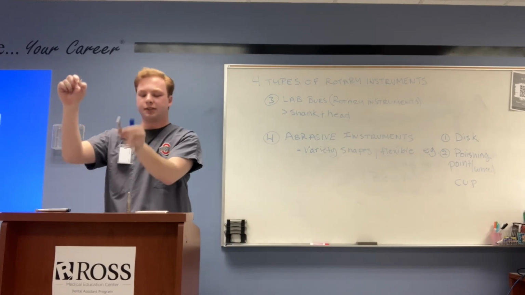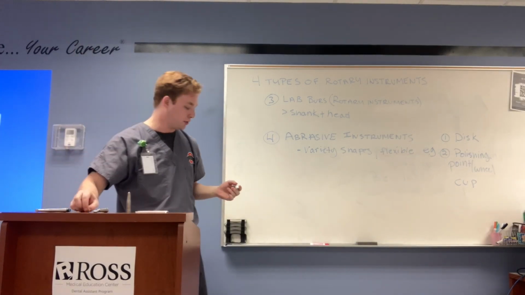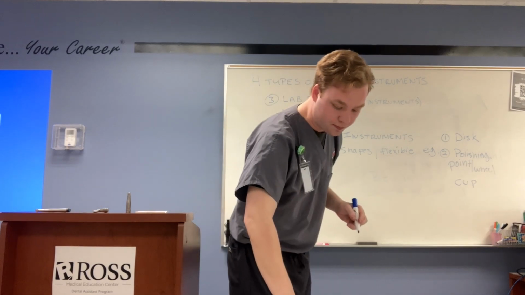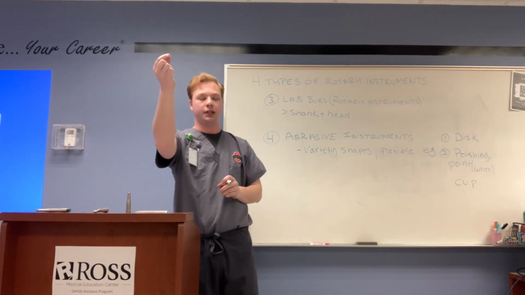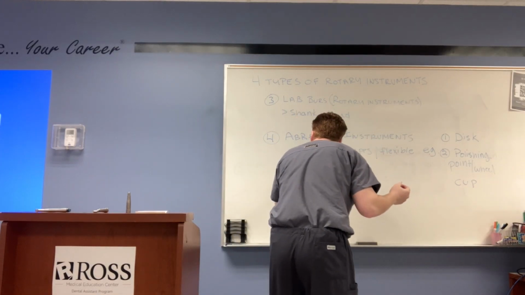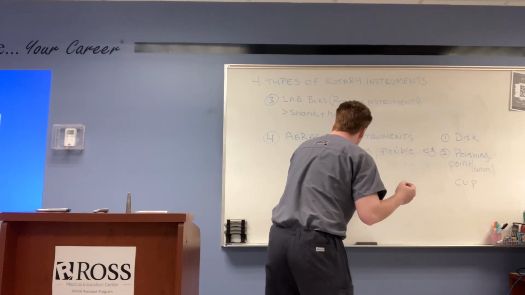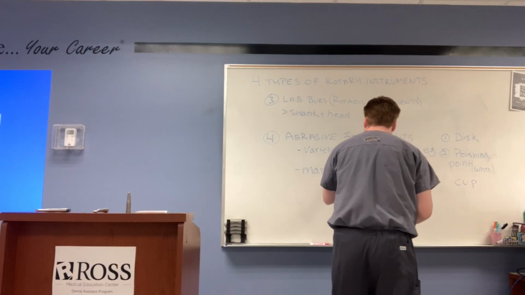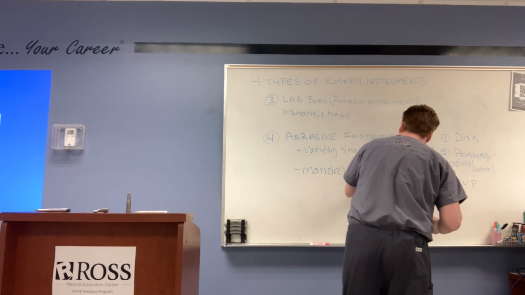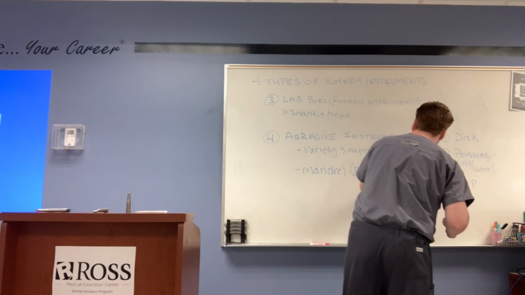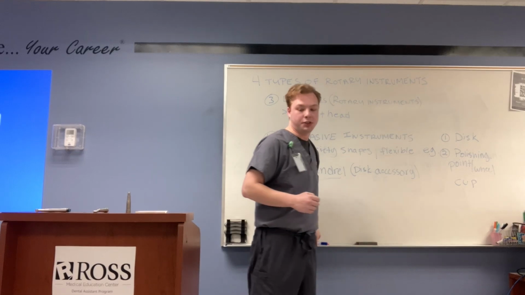Well, that doesn't make sense. So for using one of these polishing discs or wheels, we have to use an attachment called a mandrel right here. That's spelled mandrel. A mandrel is a polishing disc accessory. You need a mandrel if you're using a polishing disc.